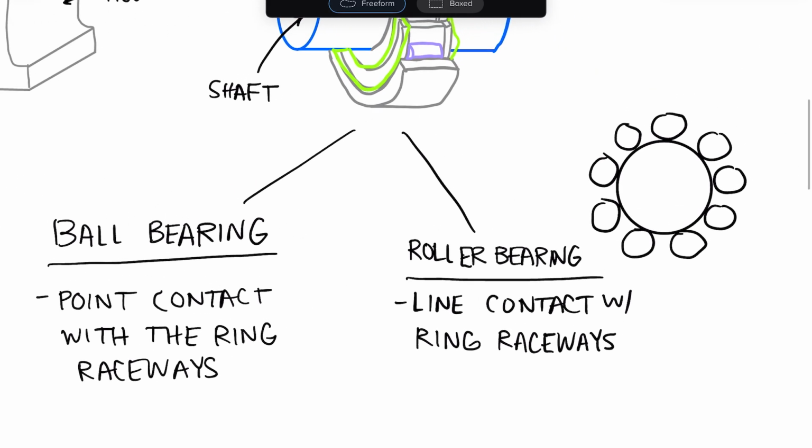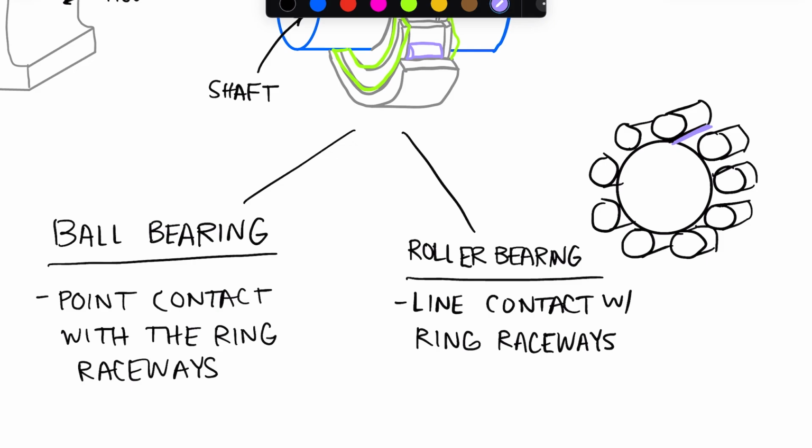Right now, let me see if I can draw this in 3D. So if these are now cylinders, they're going to intersect the shaft, or either the raceway on the inside or the outside, along a line.